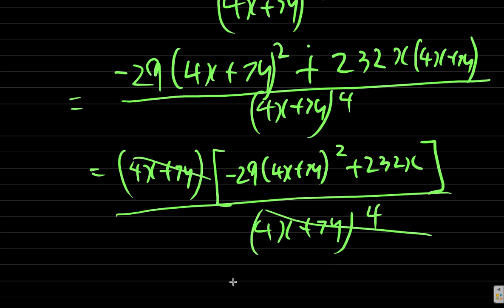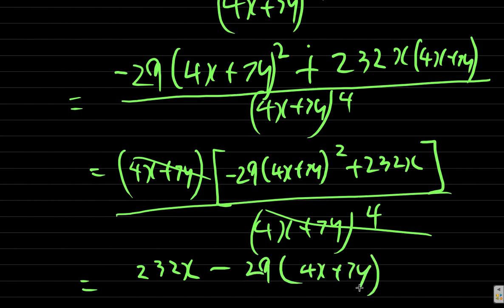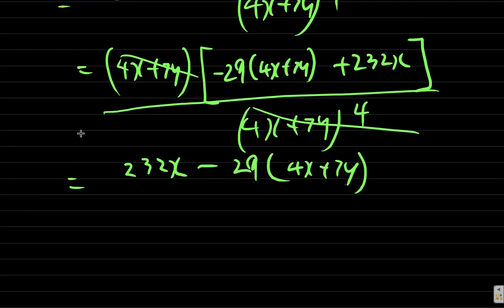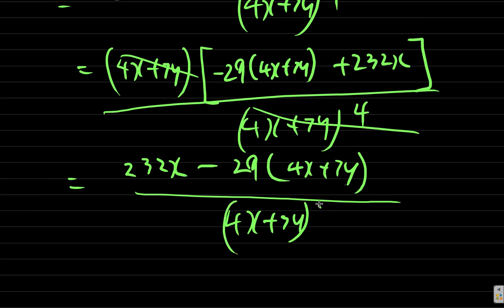And you cancel down. What you get is 232x minus 29 times 4x plus 7y. I made a mistake and wrote back the square. The square would be gone. And that is divided by 4x plus 7y to the 3. Okay? So that's what we have there. And you could multiply out the bracket by the 29 as well.